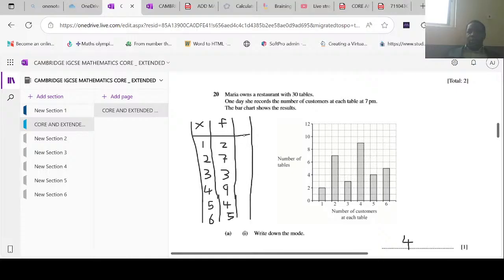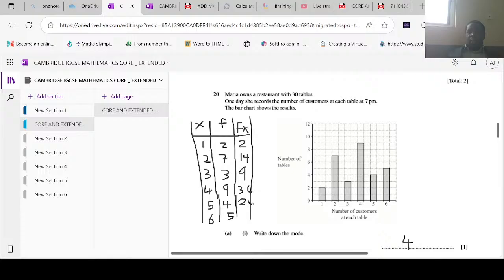So next we'll find the summation, the product of the frequency times the score. So let's do that. 1 times 2 gives you 2. 2 times 7 gives you 14. 3 times 3 gives you 9, right? 4 times 9 gives you 36. 5 times 4 gives you 20.